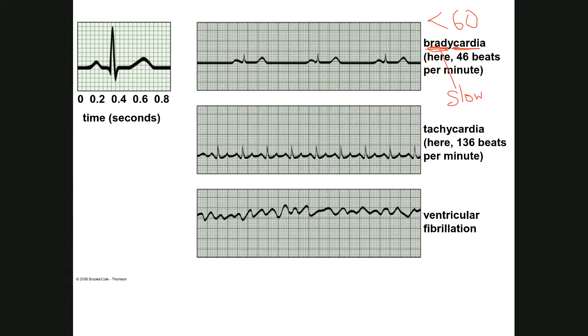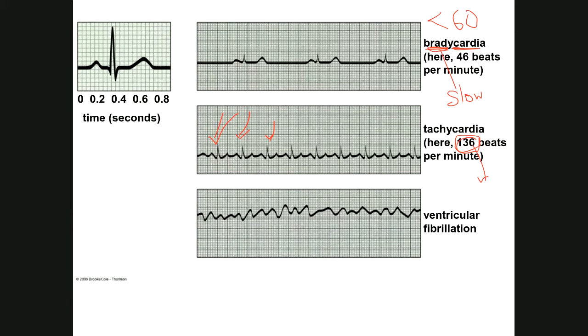But then when you look down here, it's still, again, normal. There's P, QRST, P, QRST, P, QR. But look how often it's happening. So again, if I were to count how many of these there are in a minute, it's 136 beats per minute. And for most people, unless you're exercising, that is too fast.